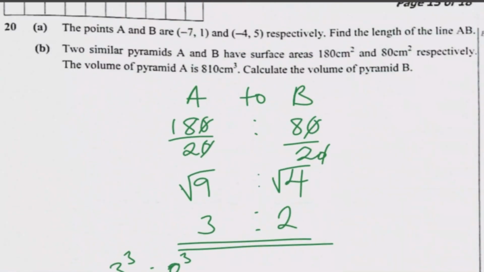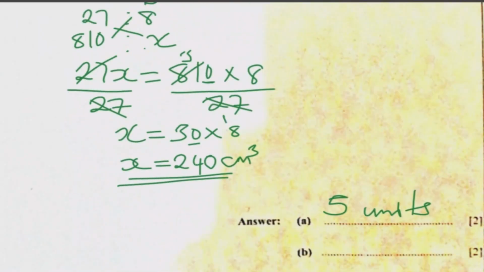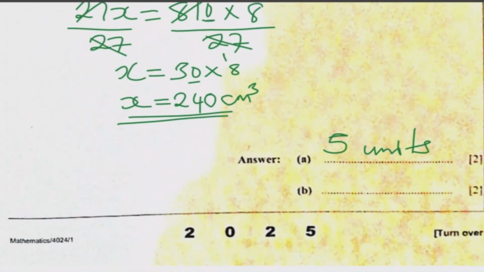The question is to calculate the volume of pyramid B. So the volume of pyramid B is equal to 240 centimeters cubed. If you are confused anywhere, you can ask me in the comment section. I'll be glad to explain to you. But basically, this is how you go about it.